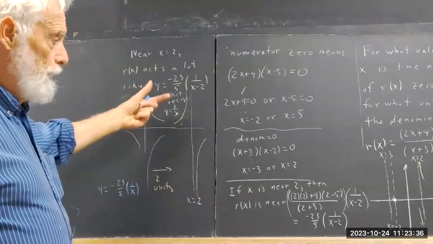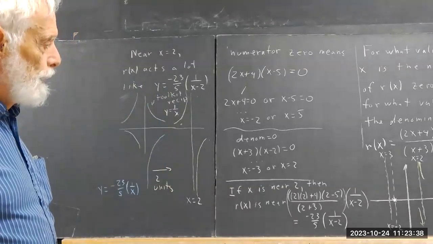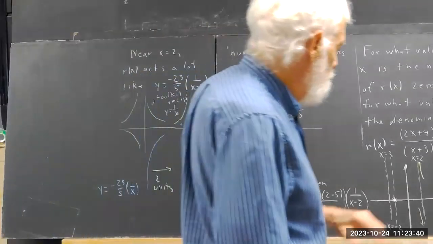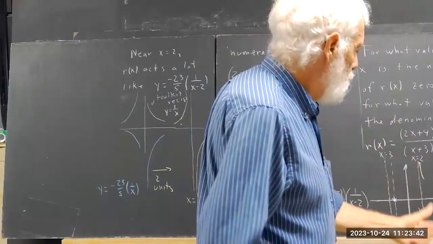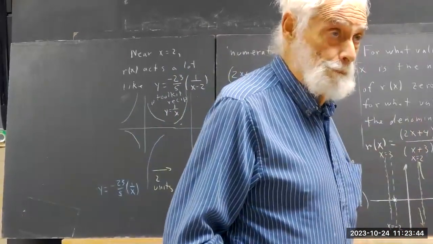And they're going to outweigh anything else that happens. Okay, so we know now that we have this asymptote where we're going this way on the left and this way on the right.